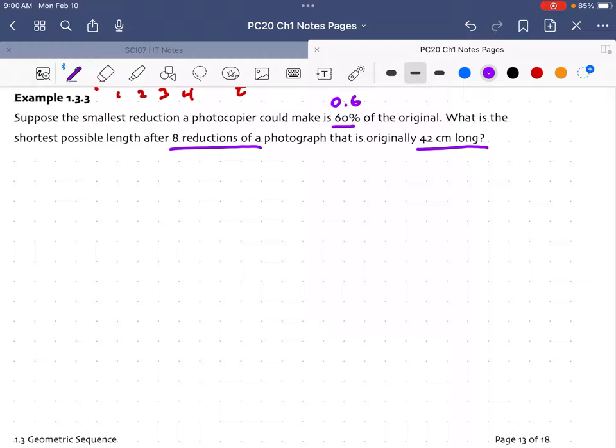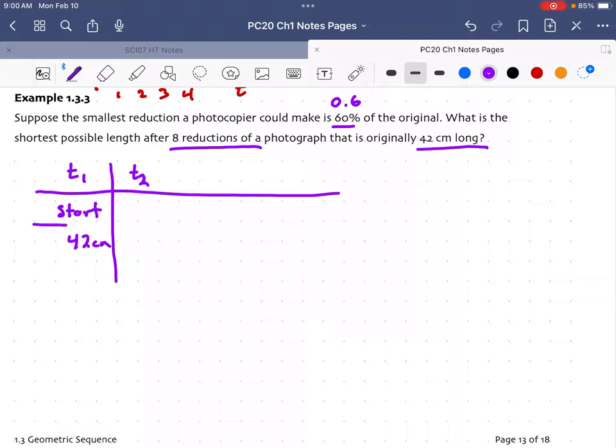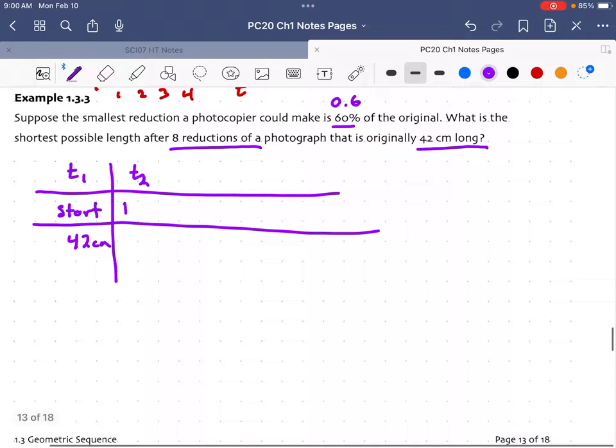All right, so let's make a chart. Term 1, this is our start length, and it's 42 centimeters. Term 2, this is after 1 reduction.